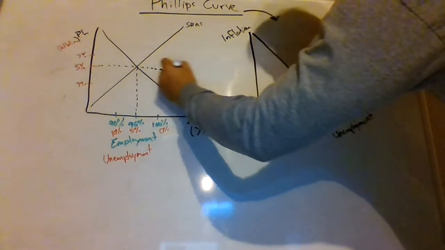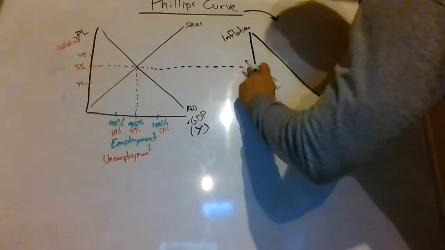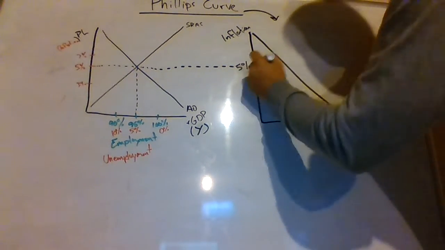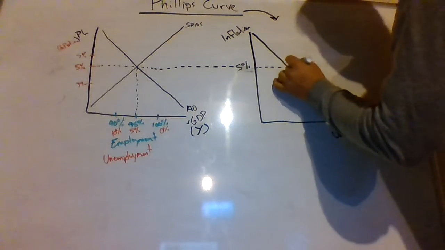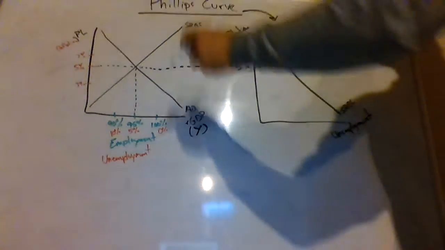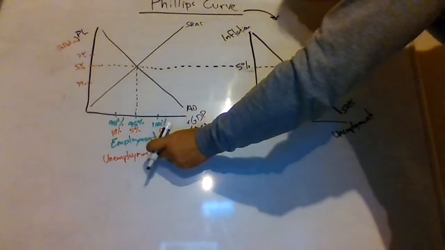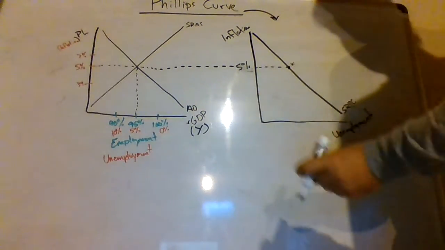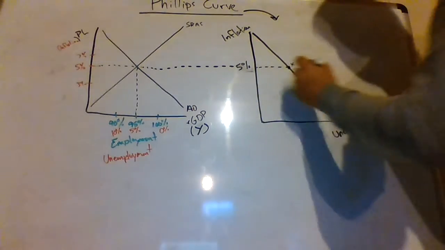If we drag this across, we're just going to call that 5%. That's pretty straightforward. We know that it's going to be 5%. We're going to be on this dot right here. Let's call it X. And we also know that our unemployment rate is going to be 5% from here.